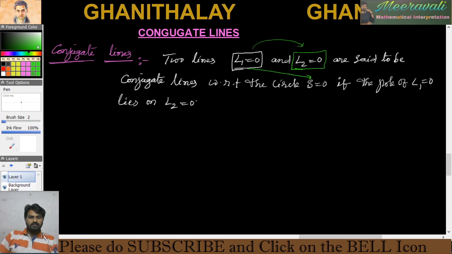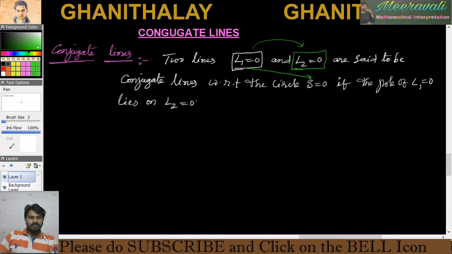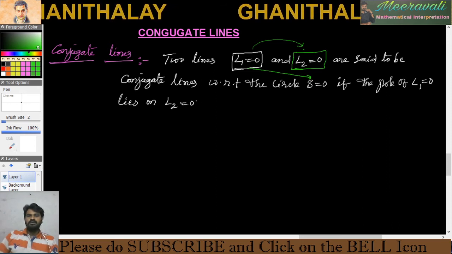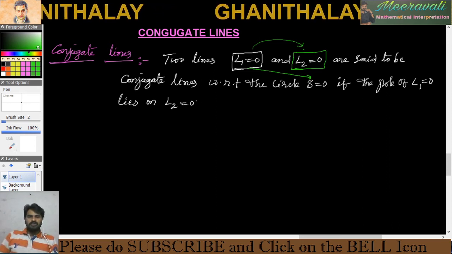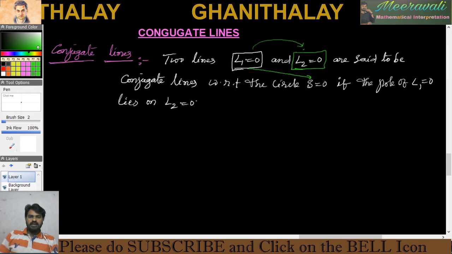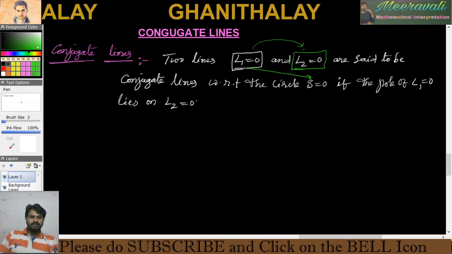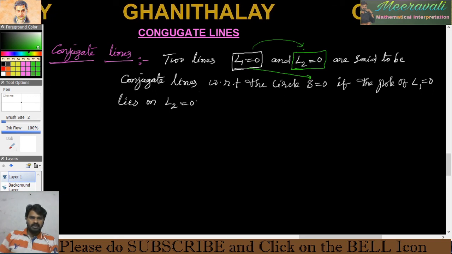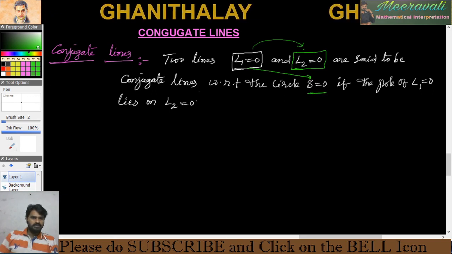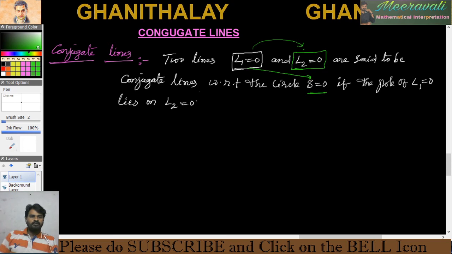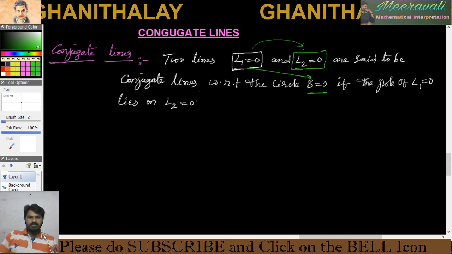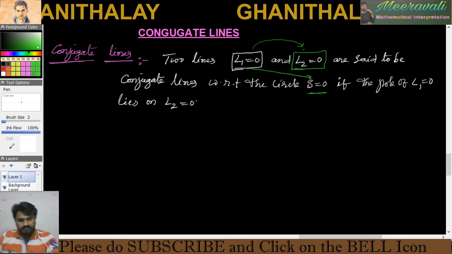Now that pole will be substituted in the second line, and it will satisfy. That is the simple concept of conjugate lines. That means the two lines L1 equal to 0 and L2 equal to 0 are said to be conjugate lines with respect to the circle S equal to 0 if the pole of the first line lies on the second line. That is the concept.